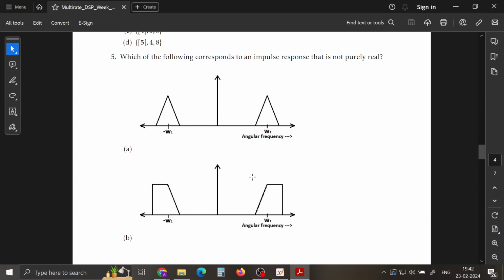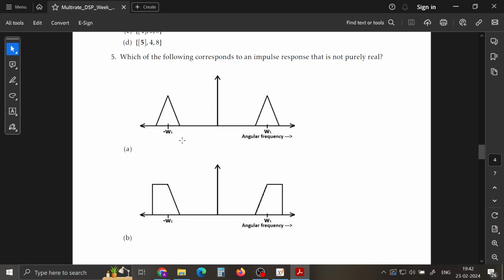So just observe the given options. Option A looks like this. The spectrum has two triangles present.